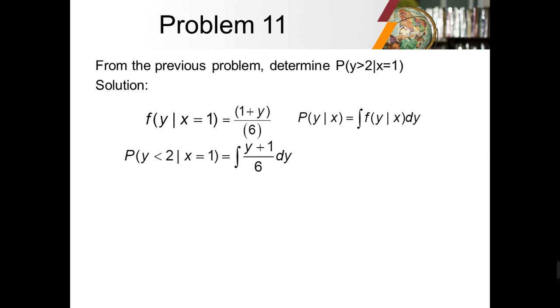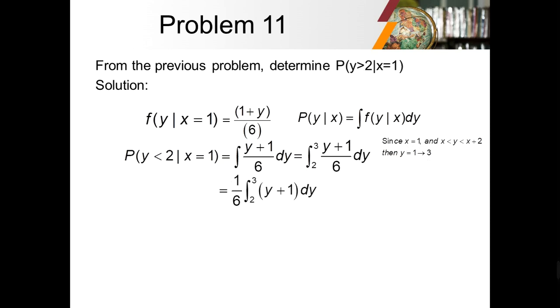So, the probability, sorry that I didn't change this, this should be y greater than 2 given x is equal to 1. So, the integral of (y plus 1) over 6 dy. Since x is equal to 1, y ranges only from 1 to 3. It should be greater than 2. So, if greater than 2, 2 is our minimum, and our maximum there is 3. So, our limits are from 2 to 3. That is the only thing that changes, the limits.